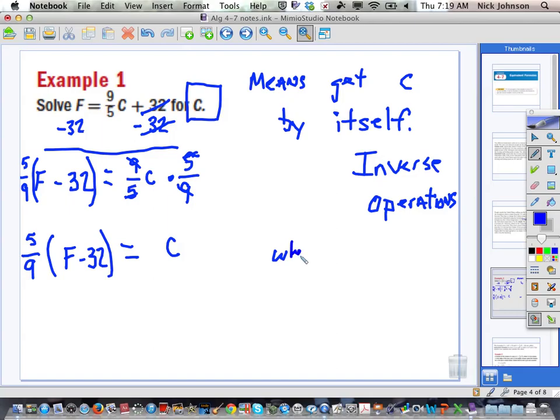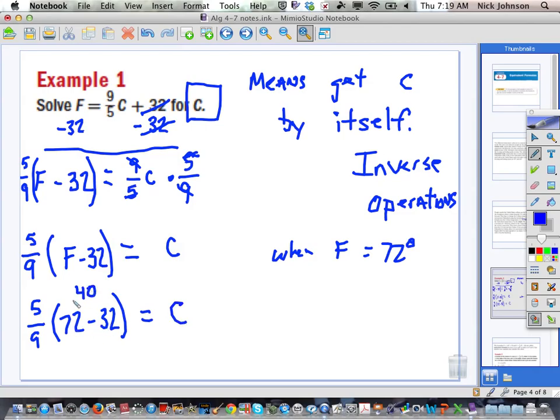So when F is 72 degrees, I'm going to put 72 in for F. 72 minus 32 equals C. We all know 72 minus 32 is 40. 40 times 5/9, so 40 times 5 divided by 9 gives me 22.2 degrees Celsius.